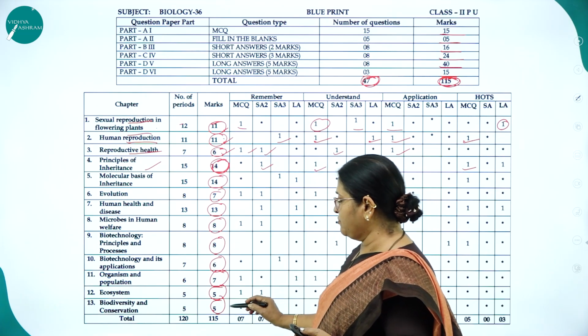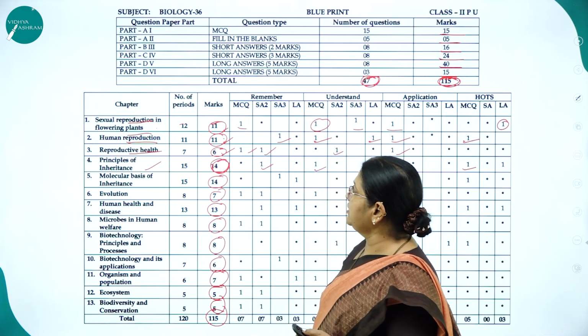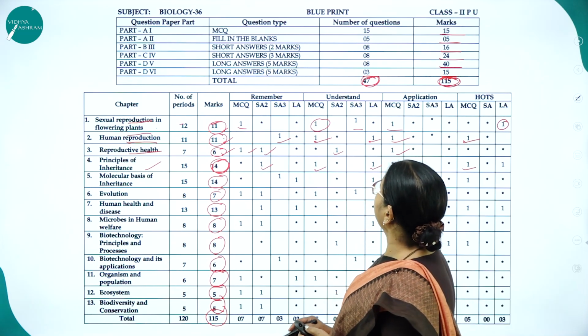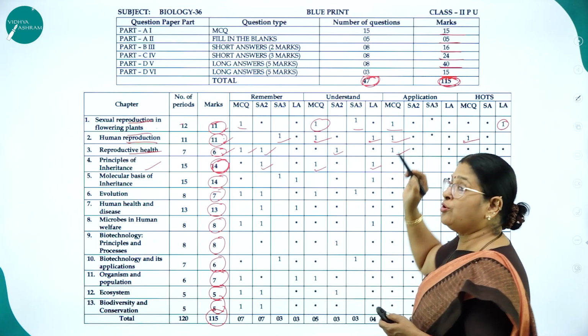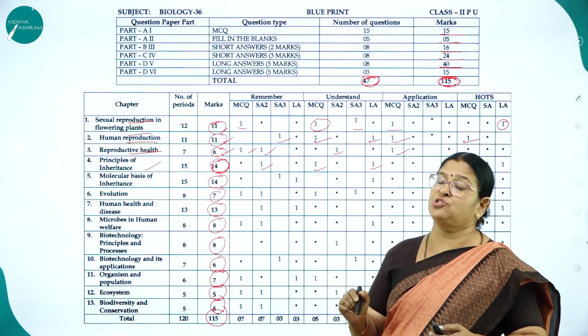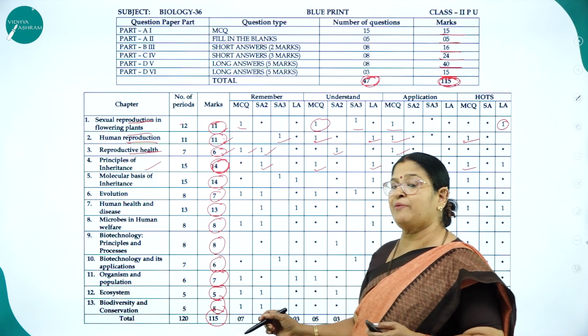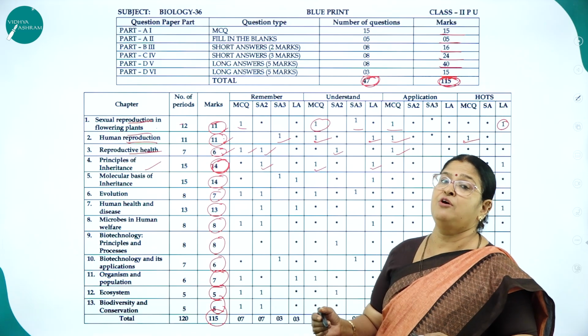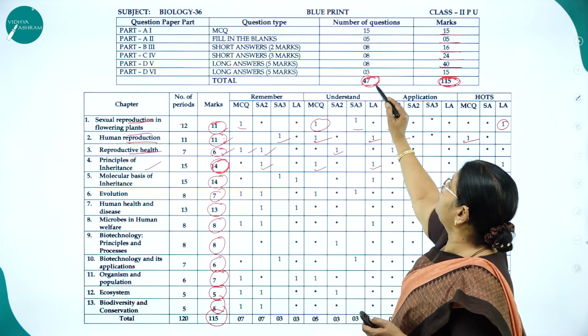So the total weightage of marks is 115. As I already said, the weightage of marks for the whole question paper including the choice is 115, and the number of questions that are going to appear from part A to part D is 47.